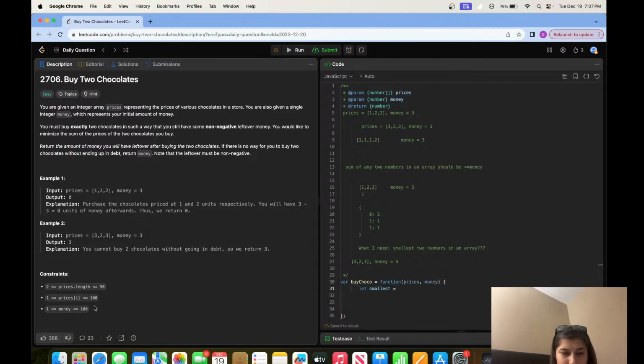The value will be 101, I can say, I guess, because it will only go up to 100.